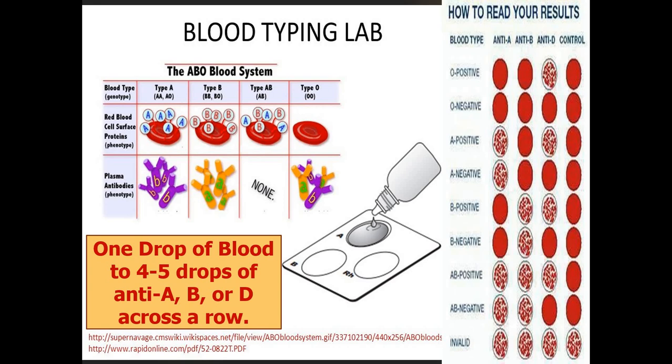When you blood type, you add 1 drop of blood to the well, and then 4 to 5 drops of the anti-A or anti-B or anti-RH, which is D, across the row. This is what you'll look at to figure out what is positive and what is negative.